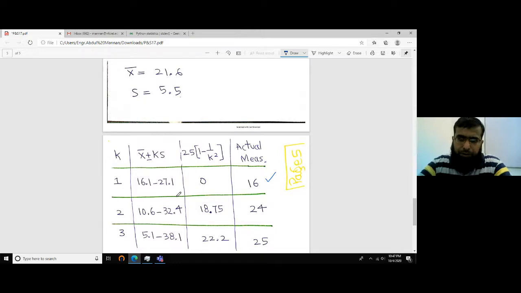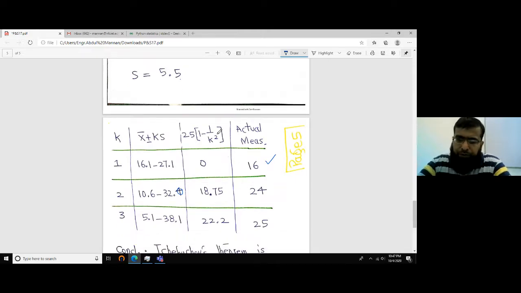I guess there is a small mistake here: 5.5 twice is 11, so maybe it's 32.6, right? Putting k equal to 2 gives 1 over 4, so 1 minus 1 over 4 is 3 by 4 times 25, which gives us 18.75.